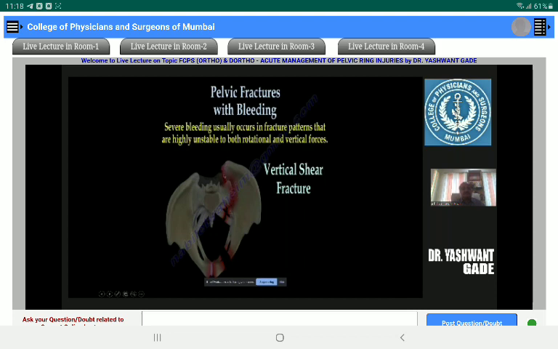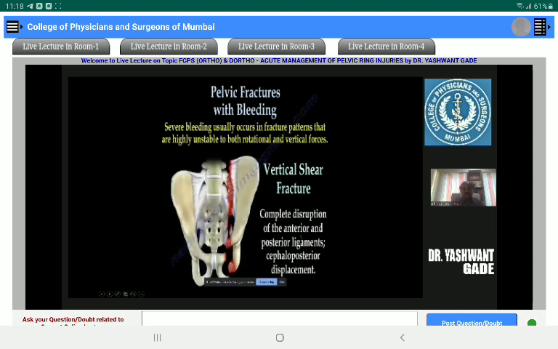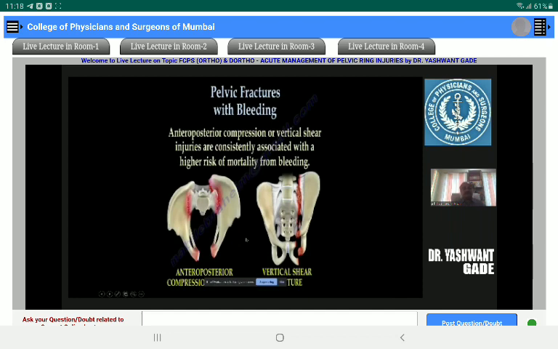So this is very unstable in both rotational and vertical direction, and therefore it leads to severe bleeding. So, the complete disruption of the anterior and posterior ligaments, these are the anterior ligaments and the posterior ligaments, and cephalo-posterior displacement of the pelvis, leads to severe bleeding.